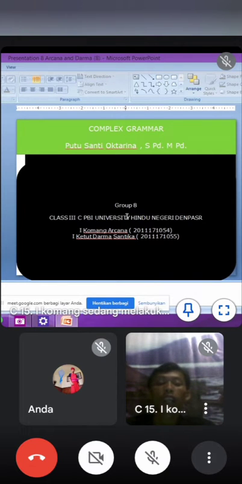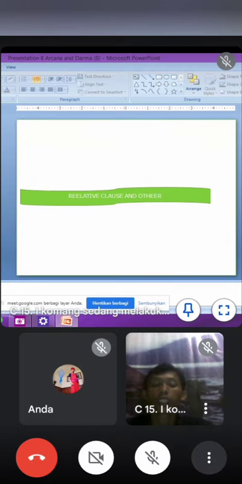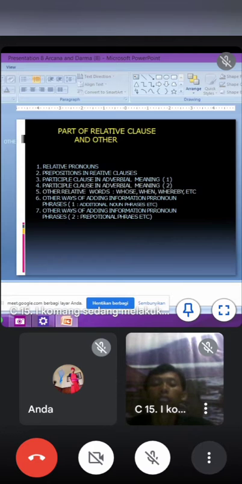Today, we will explain the material. We will present about relative clauses and order. The material: number 1, relative pronouns.